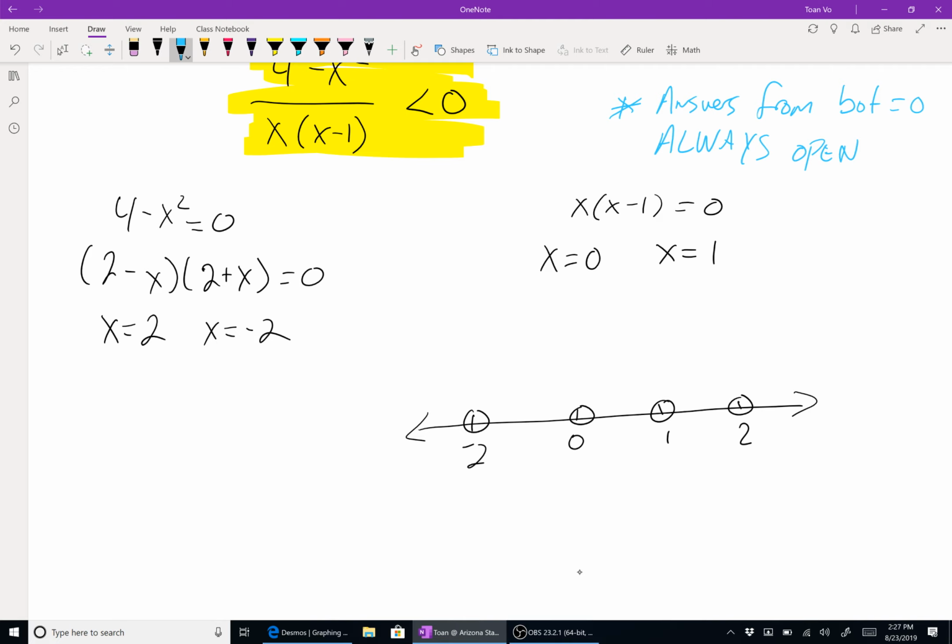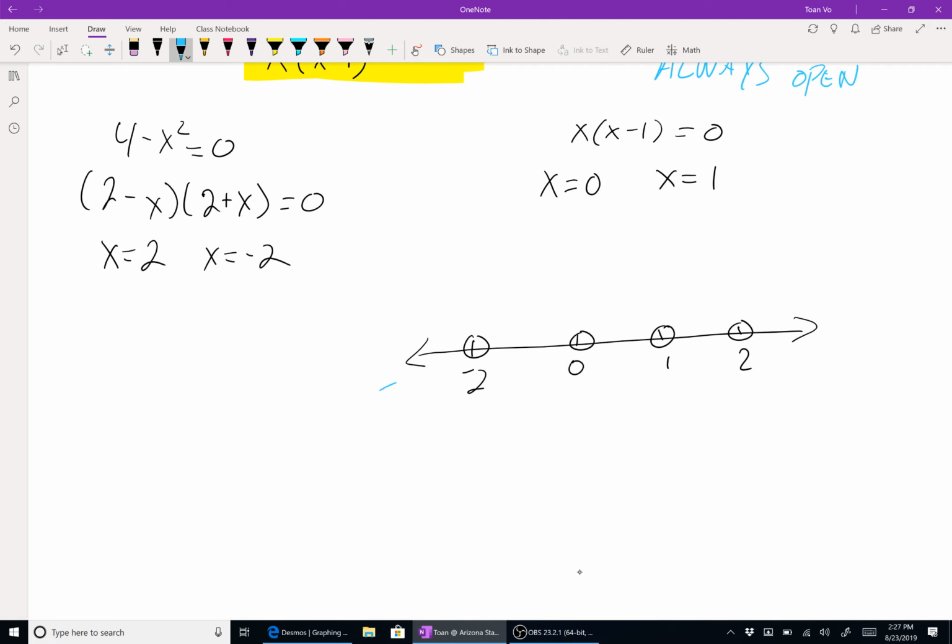So let's test. Test x equals -3. Say x equals -1. If you ever have to test between two consecutive integers, just use a fraction or a decimal. Between 0 and 1, 1/2. Between 1 and 2, 1.5, say.